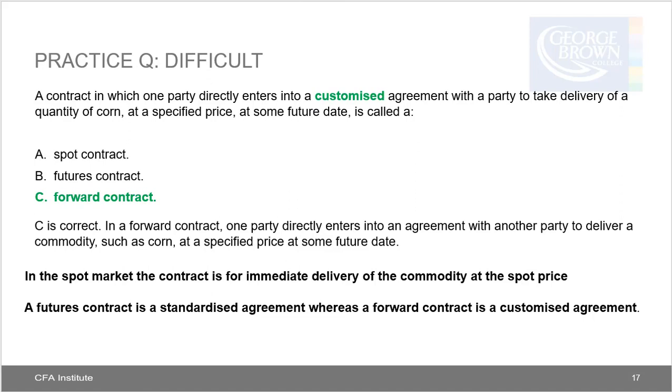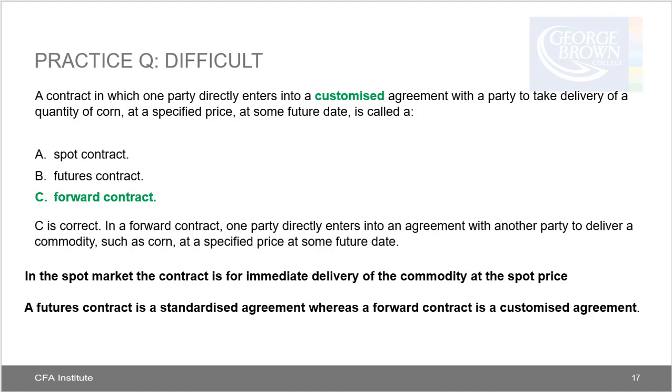This is a good question because, again, it shows you the importance of just one word in the question being extremely important. So when I highlighted that in bold green, this says a contract in which one party directly enters into a customized agreement. As soon as you see that word customized, it means it's a forward contract. C is correct.